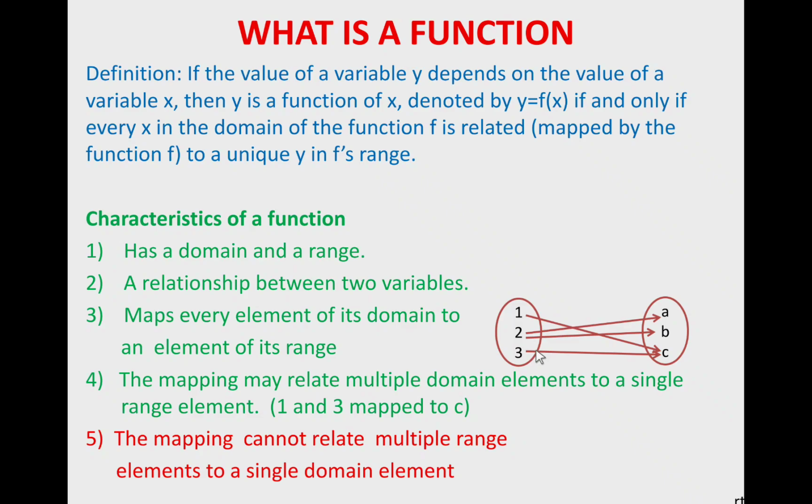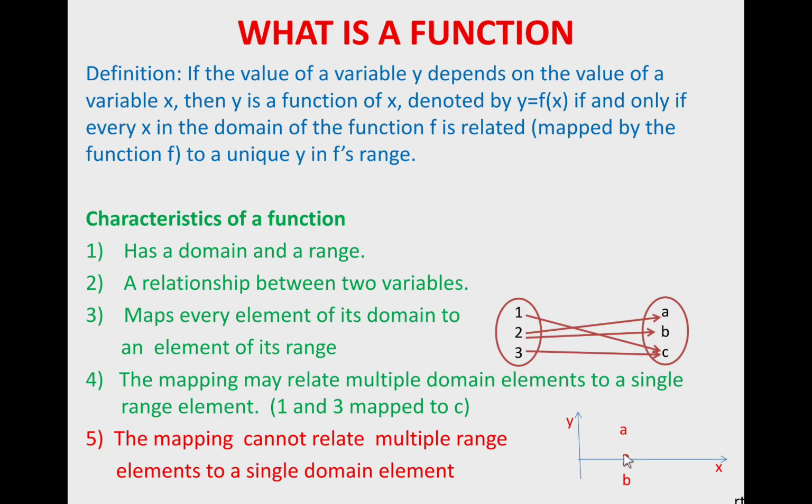We will go ahead and demonstrate the function also using the vertical line test. The vertical line test, let's take a look at the 2. The violation is 2 is mapped to more than one element, 2 elements. So if we plot, in the y axis, where x is the independent variable and y is the dependent variable, we plot 2 here.